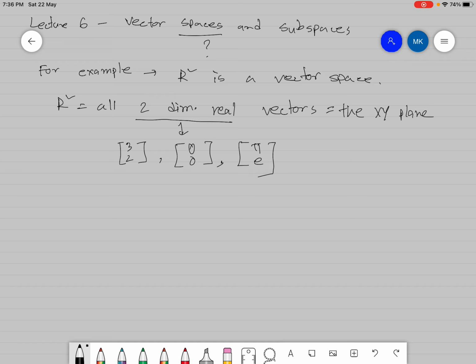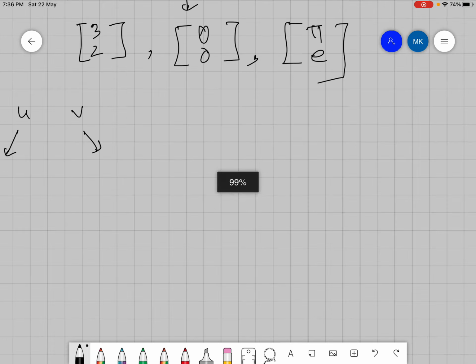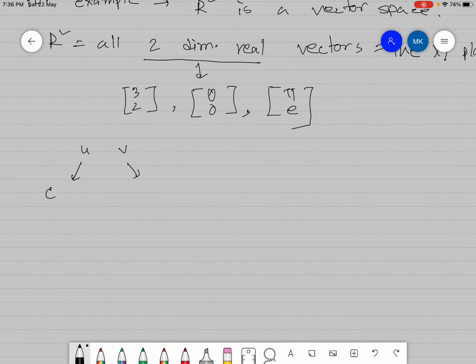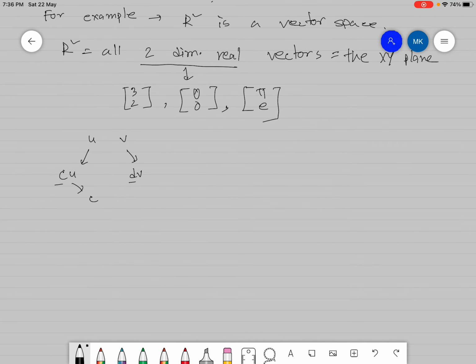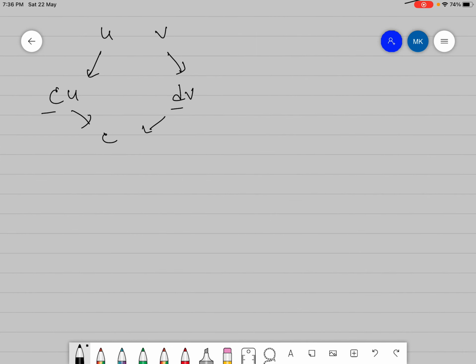Let's say you have two vectors u and v. Multiplying these two vectors by any scalars means cu, where c is any scalar, and dv, where d is any scalar, and we can add them like this. So cu plus dv.